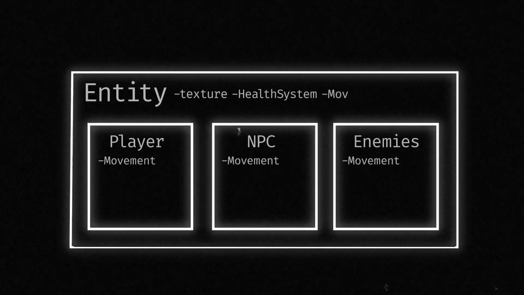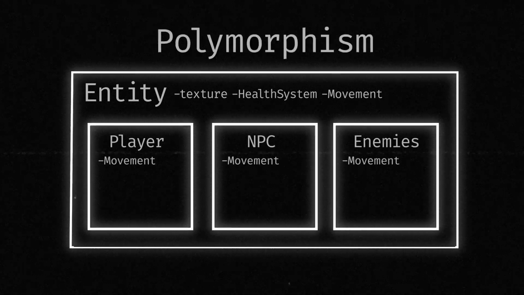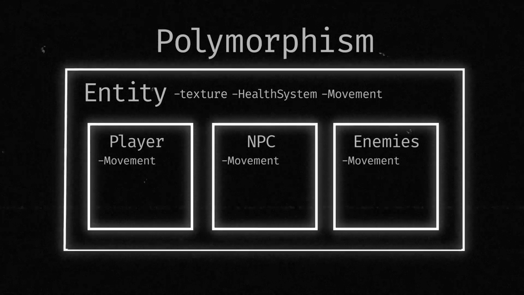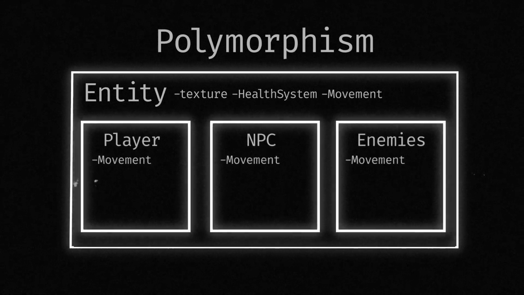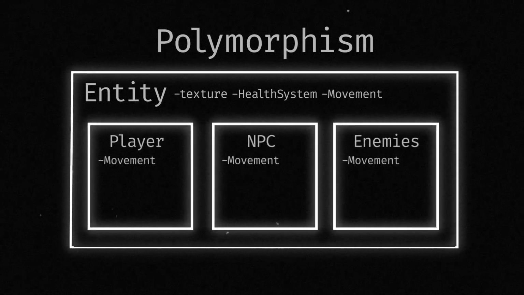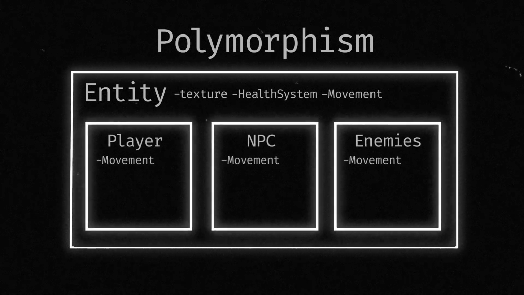Well, actually what you can do is create movement in here and overload it in each of your subclasses to work differently. And this is an object-oriented programming concept called polymorphism. The idea is basically you're defining things here, but your children can implement these things in a different way. Let's go ahead and teach you a practical example of how you would actually implement this.